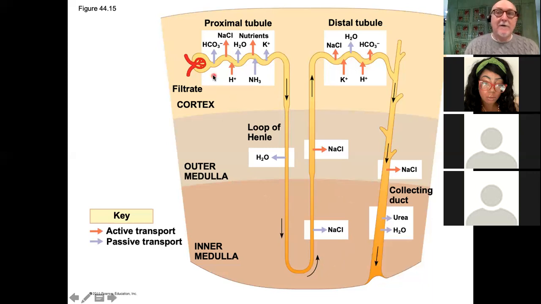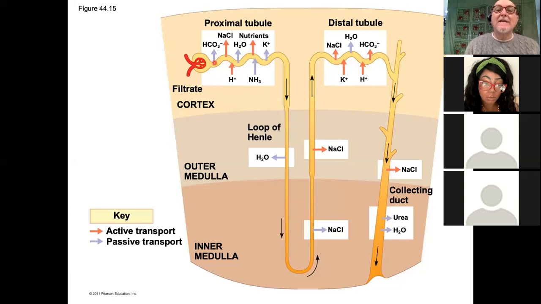So remember our different functions. First of all, we have the filtration function here. That filtrate is collected by the Bowman's capsule and passes through the proximal tubule. Just look here: all the red arrows are active transport. The proximal tubule actively moves hydrogen ions; bicarbonate is passive.